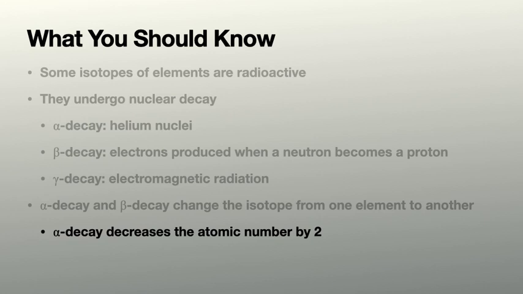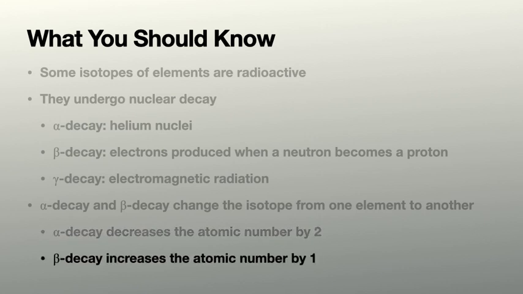So alpha decay, for example, decreases the atomic number by 2. And beta decay increases the atomic number by 1, because a neutron turns into a proton, thereby adding to the atomic number.